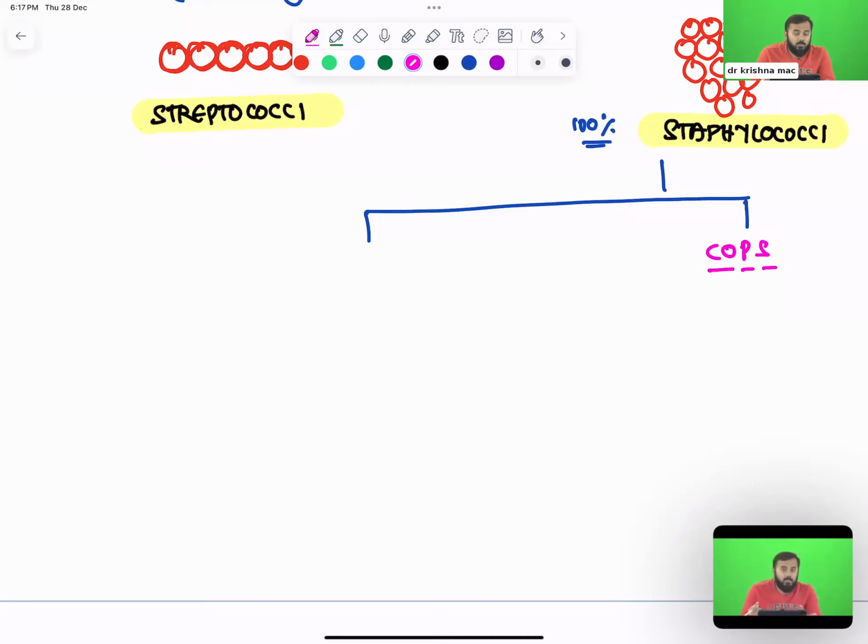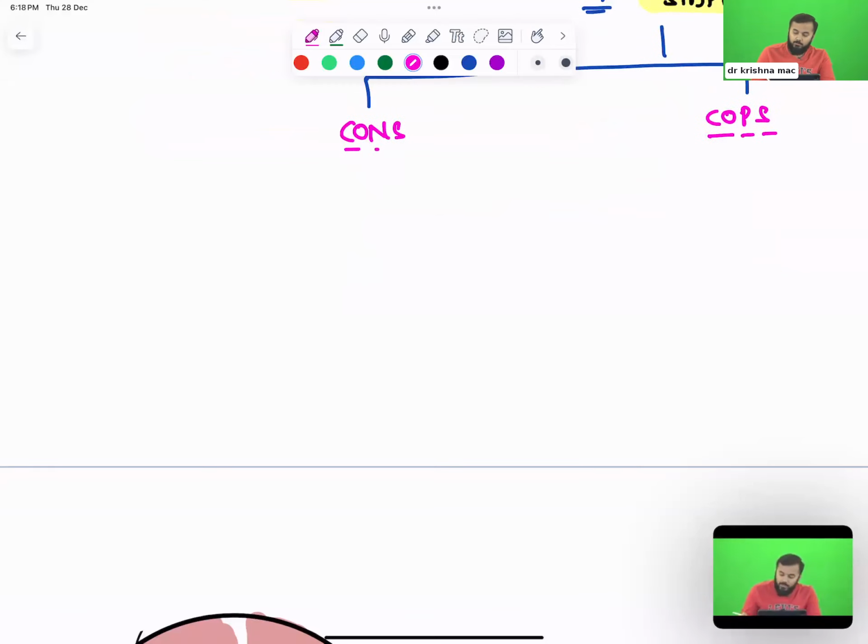अगर coagulase enzyme is not released, you call it as CONS. CONS मतलब coagulase negative staphylococci. Coagulase positive, coagulase negative. When it comes to coagulase positive, the only example which we have over here is Staphylococcus aureus. If you remember, when I was teaching you the pigments that are released by the bacteria, I told you Staphylococcus aureus will form what kind of colonies?